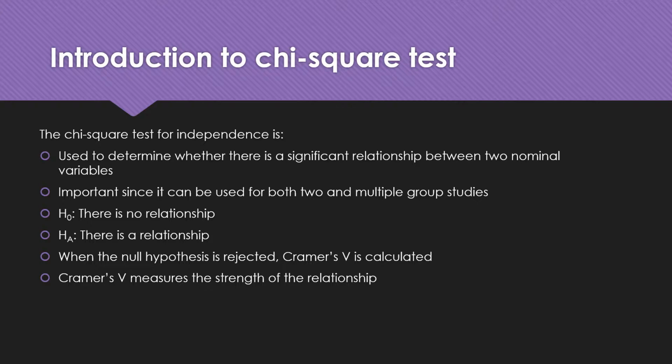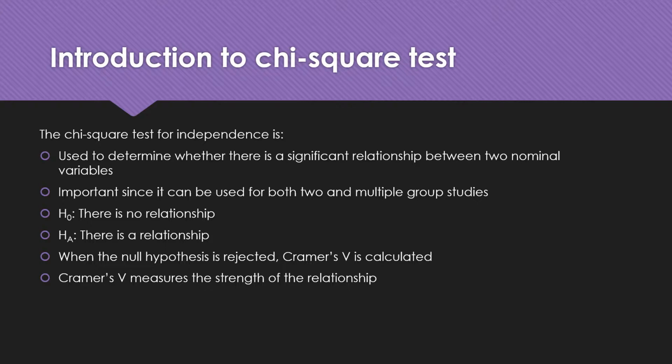So we only carry out the Cramer's V calculation if the null hypothesis has been rejected. The reason why we calculate the Cramer's V is to determine the strength of the relationship that has been found. That's usually found in cases where the null hypothesis, which states there's no relationship, is being rejected.